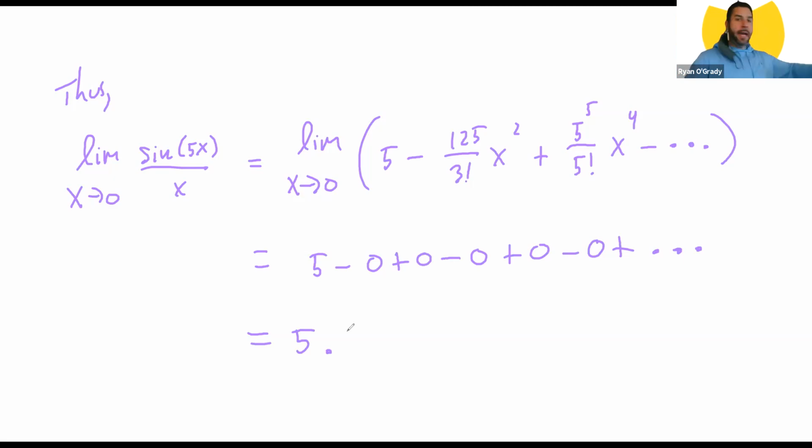Now you're going to say, how is that legal? Well, it's legal because we know sine of x is equal to its Taylor series, centered at 0. We know that. And since the limit's at 0, that's perfectly fine.